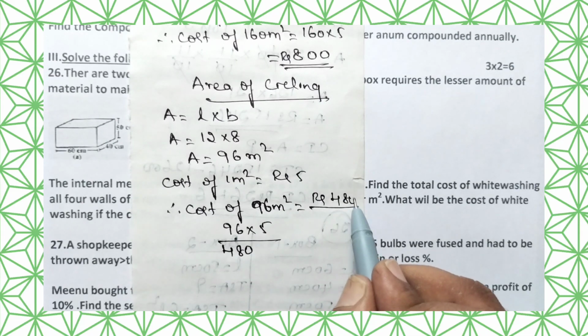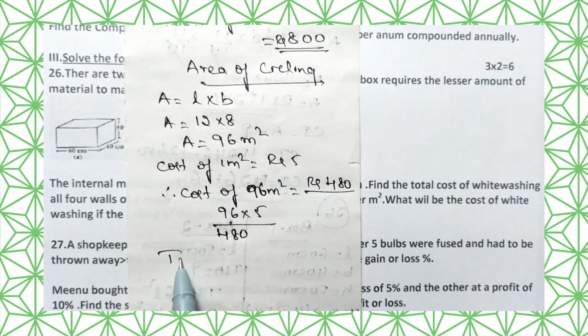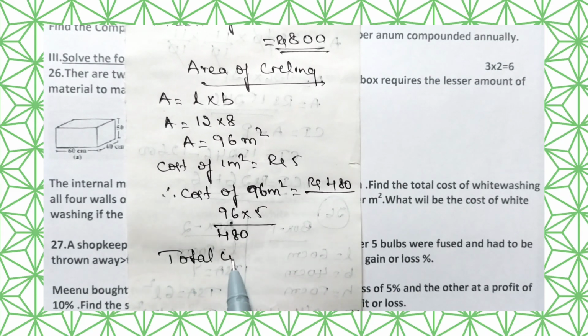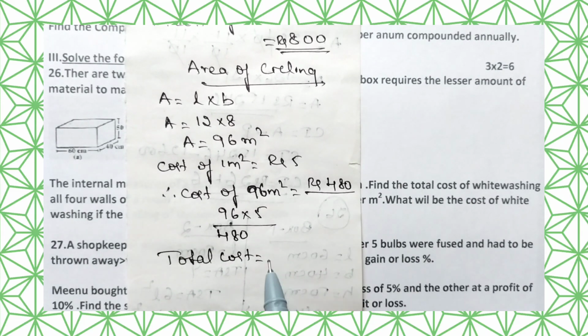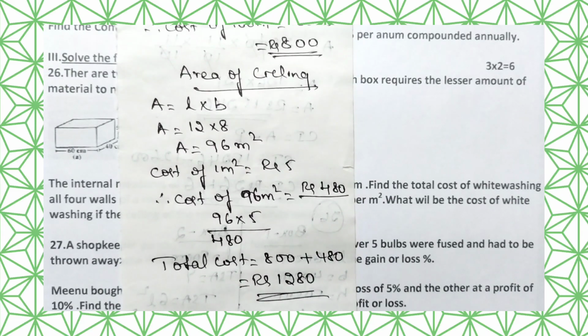So cost for whitewashing the ceiling is 480 rupees. Now let us see the total cost. So total cost is equal to 4 walls 800 plus ceiling 480, which will become rupees 1280. So like this we have to find out the total cost for whitewashing.